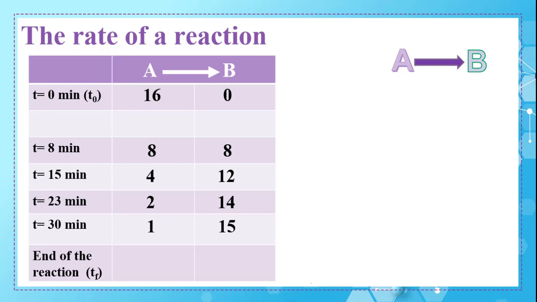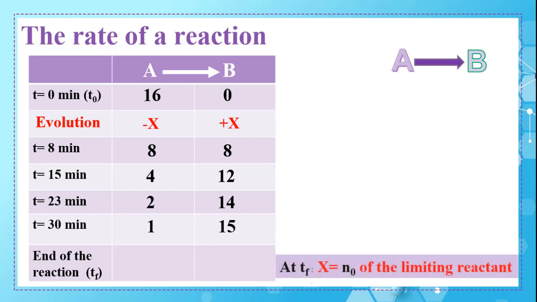We notice that at each instant T, the number of particles of A consumed is equal to the number of particles of B produced. The evolution of the reaction is minus X for A and plus X for B. So, at the end of this reaction, X reaches its maximum value, which is equal to the initial number of particles of A, 16.